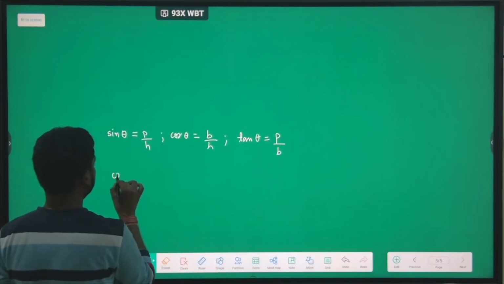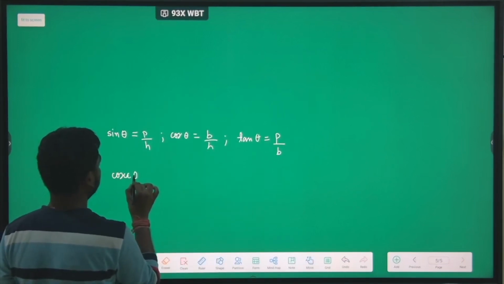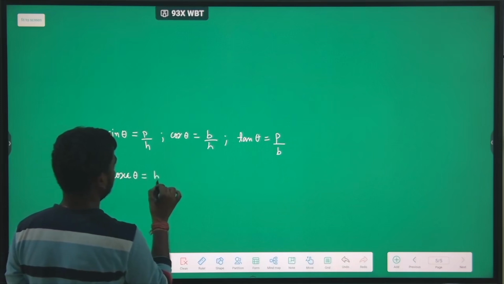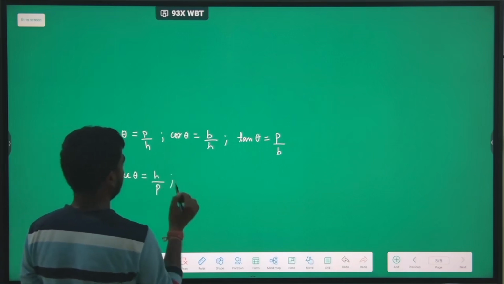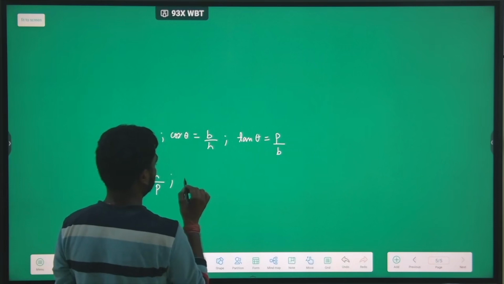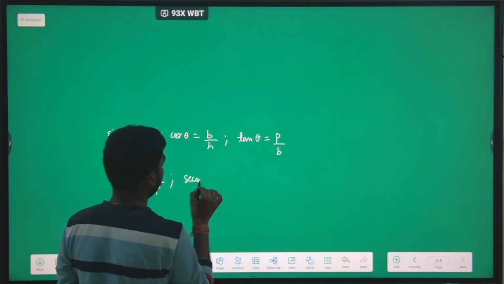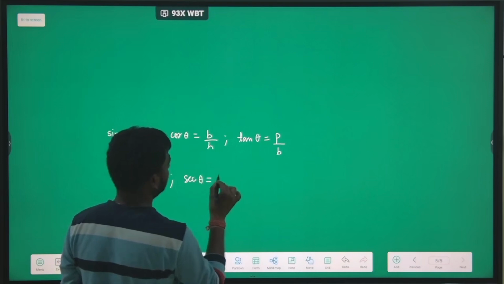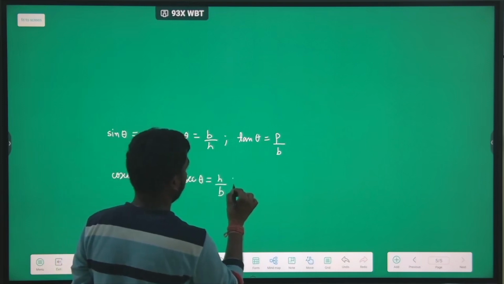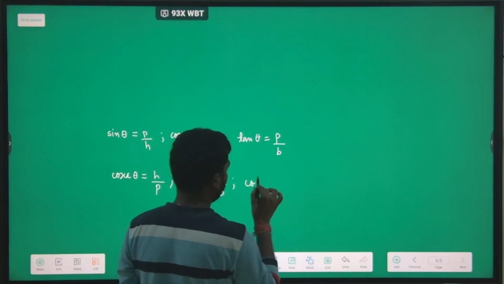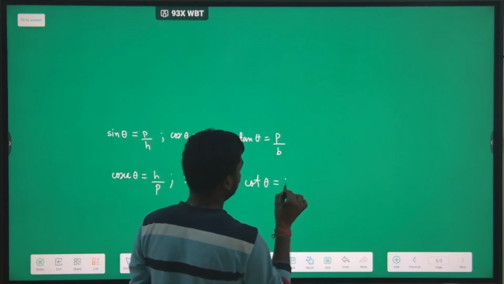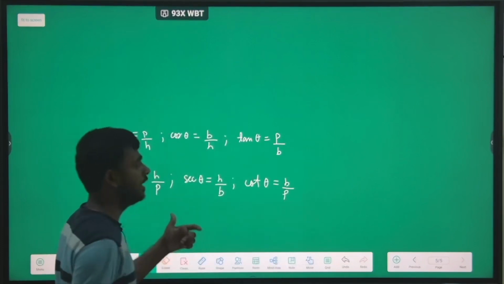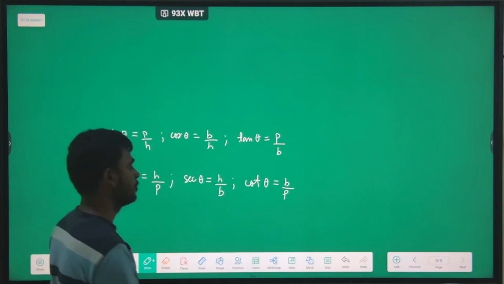Similarly, cosecant of angle theta is equal to H upon P. Secant of angle theta is equal to H upon B, and cotangent of angle theta is equal to B upon P. We have learned these first.